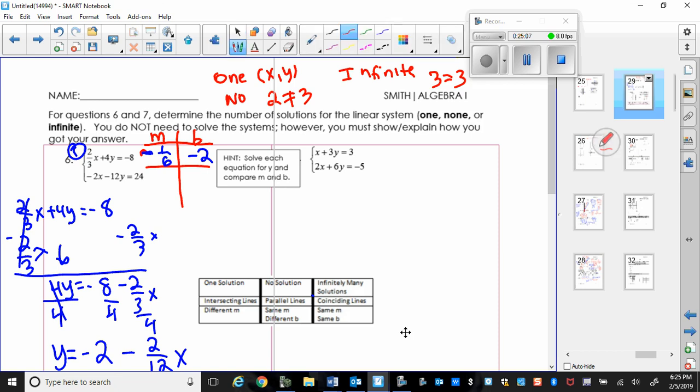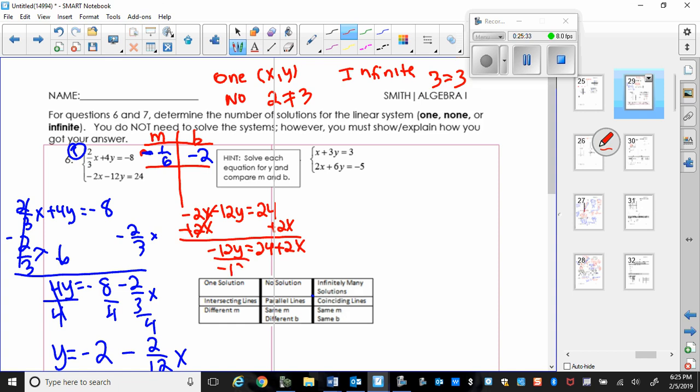So solving for y for my second equation, we're comparing the slopes. It's another method for determining if we have a solution or not. So add 2x on both sides, right? And negative 12y comes down equals 24 plus 2x.